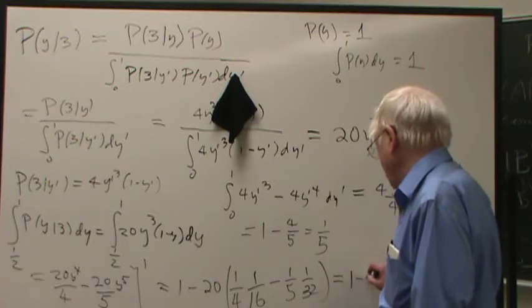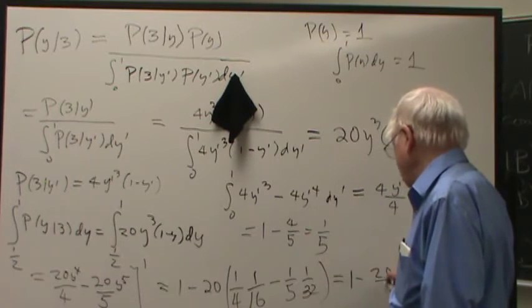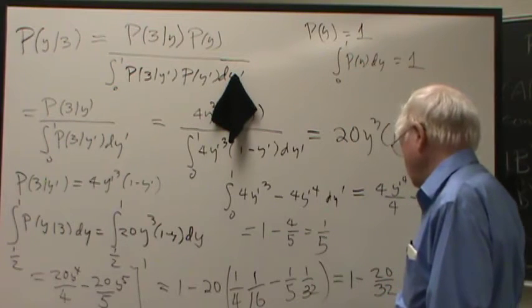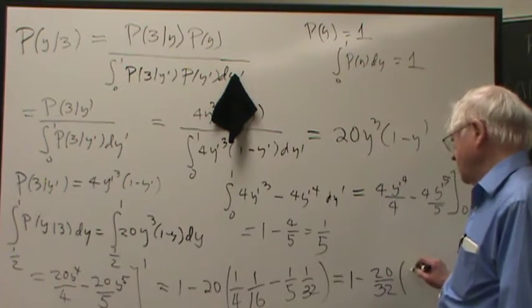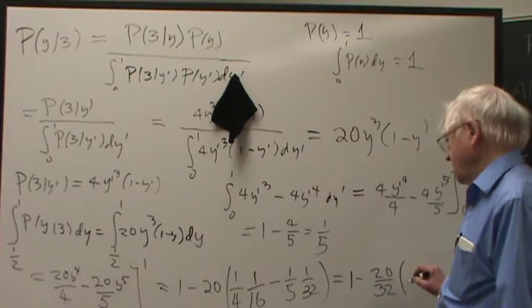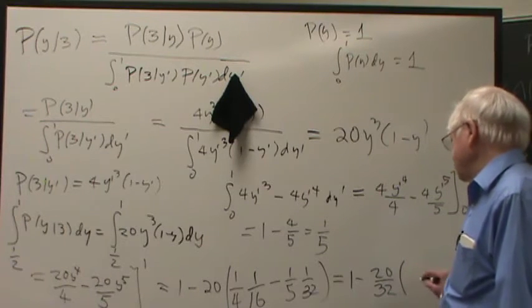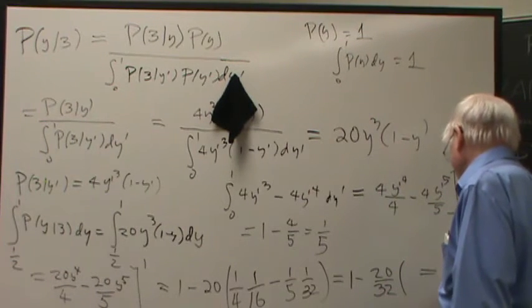All right, 1 minus 20 over 32 times... well, let me just tell you what the answer is. It's 13 over 16.